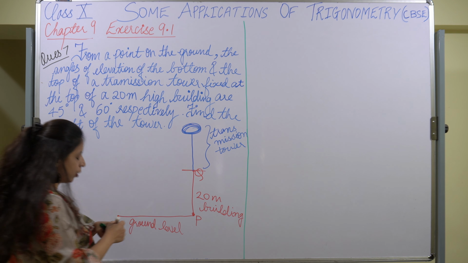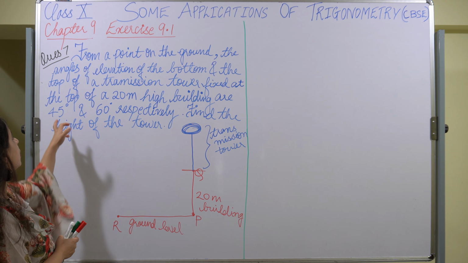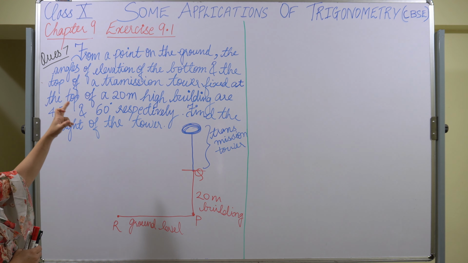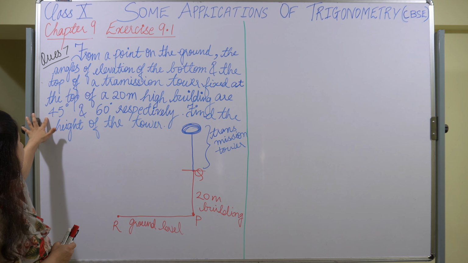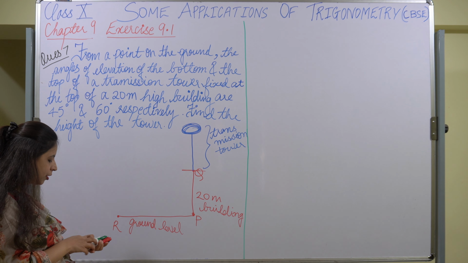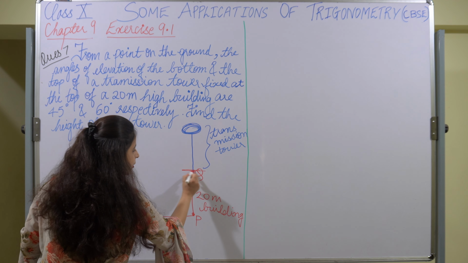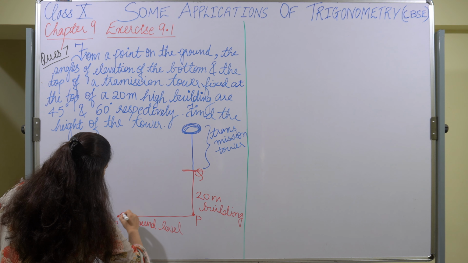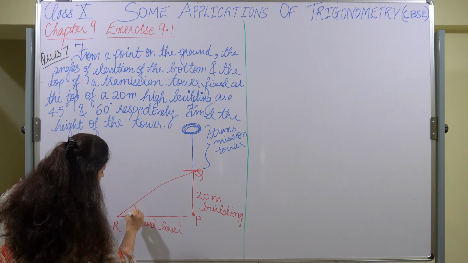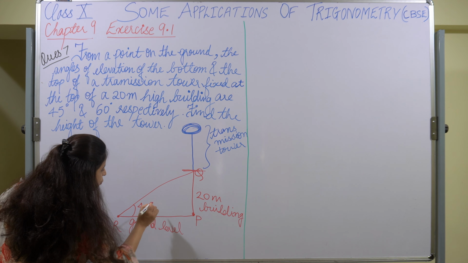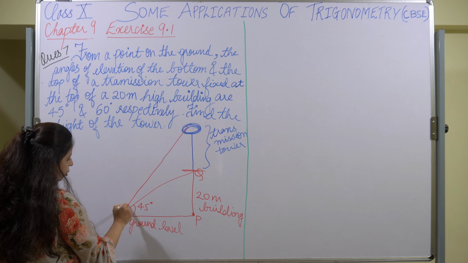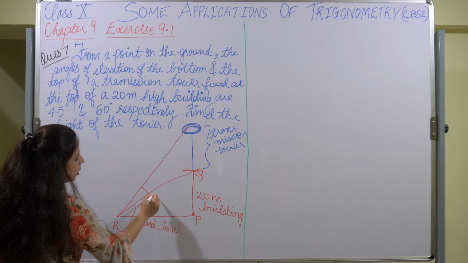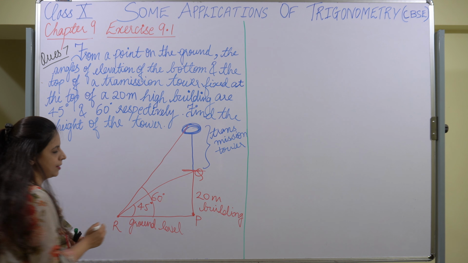Now it is given in the question that the angles of elevation of the bottom and the top of the transmission tower are given. So this is the bottom, and this is 45 degrees given to me, and the top elevation is 60 degrees.